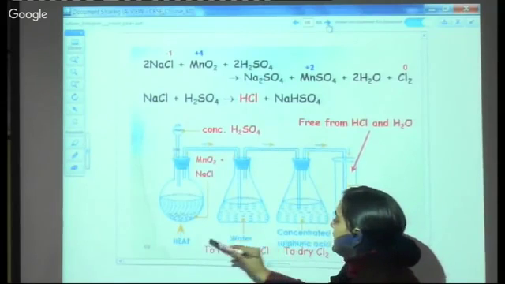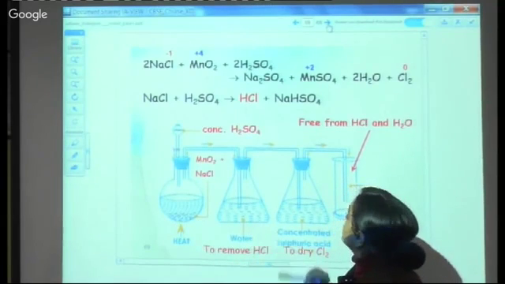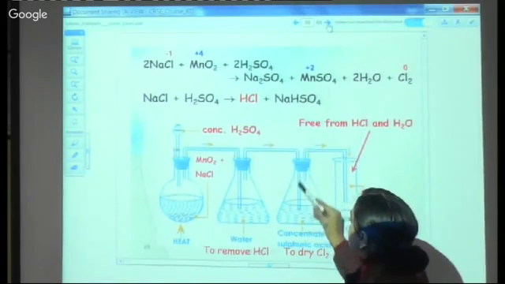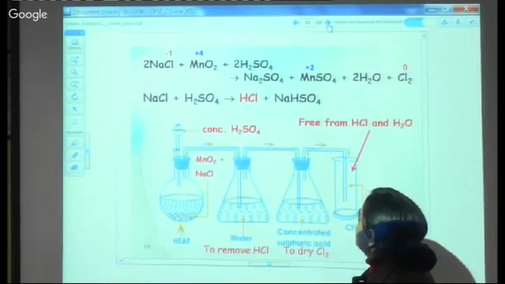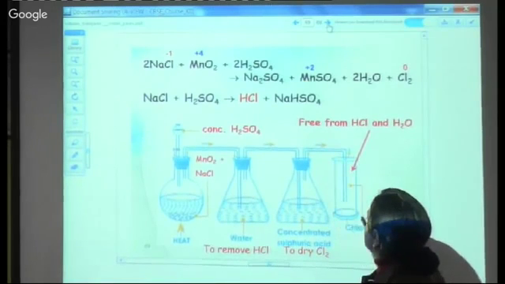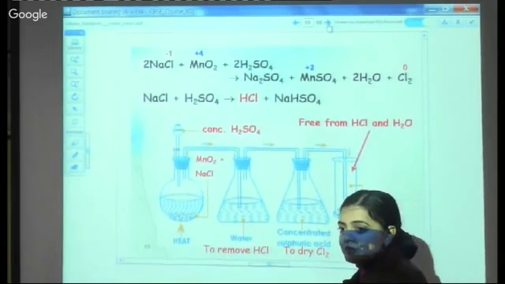And to remove HCl, water was used, fine. And from here, it was allowed to move to the chamber consisting of concentrated sulfuric acid. And then, free from HCl and water, chlorine was trapped.